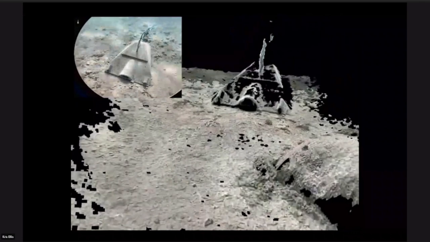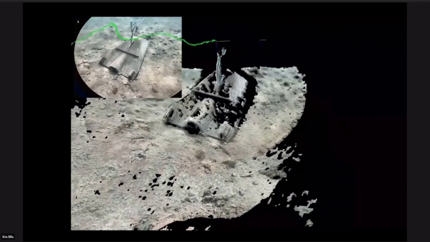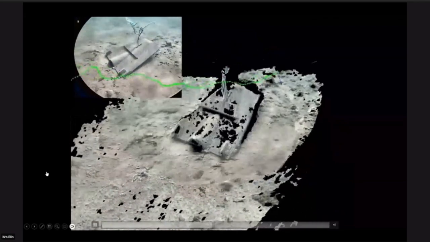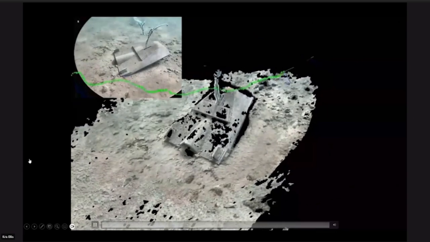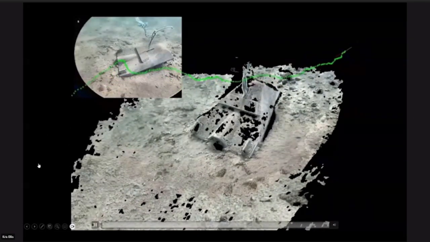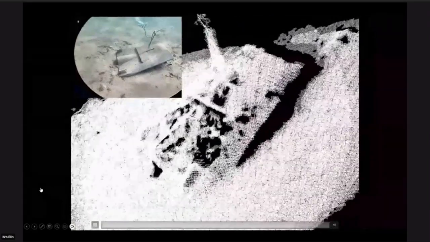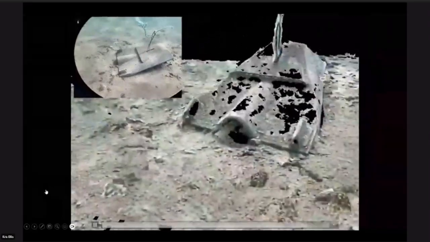It's got 3D mapping as well as stereoscopic vision. This one goes on a bit longer, but essentially it makes a full 3D image of what it's seeing, which is verified by the camera image there as well. That's just it being rastered and rendered.